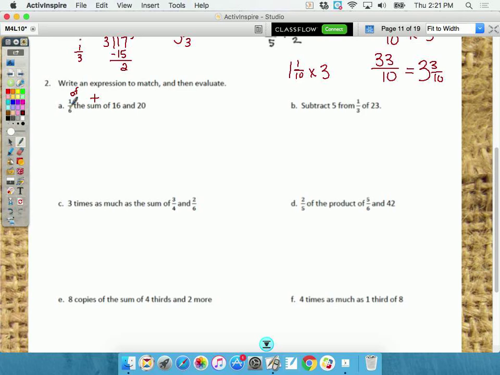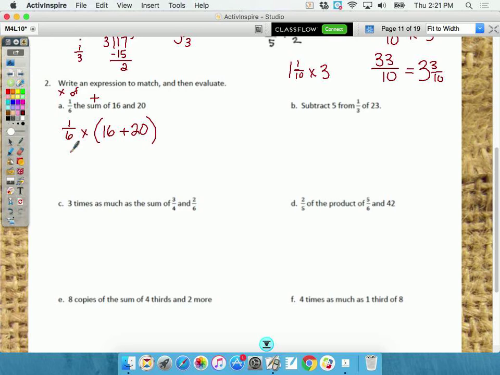So this word of means to do what? Multiply. Okay, I'm going to pull a stick. Whitley, give it a try. 1/6 times 16 plus 20. Awesome.